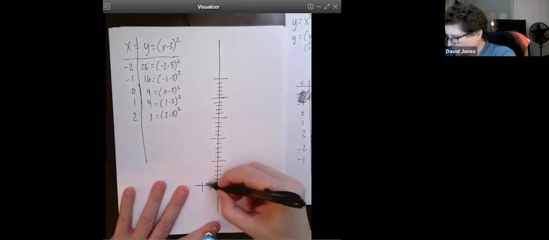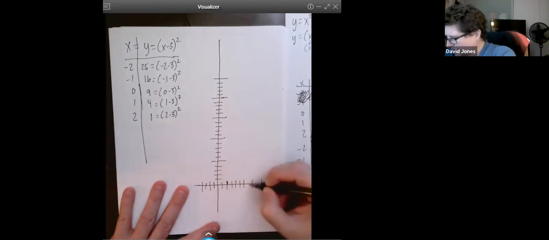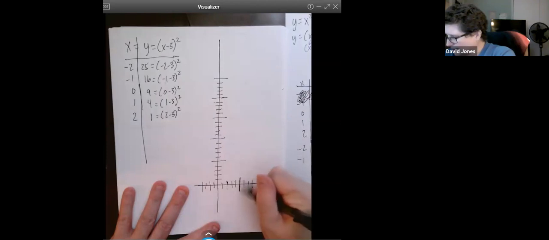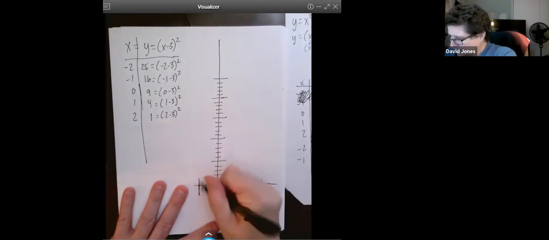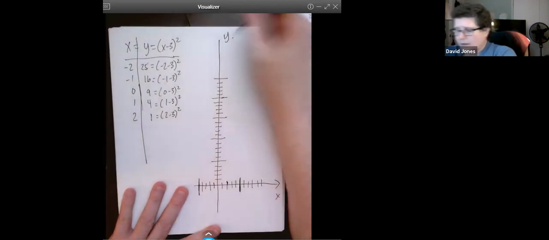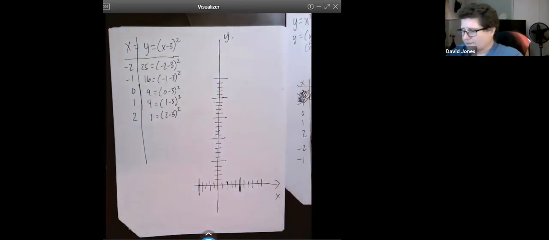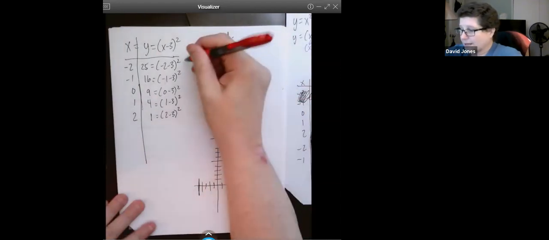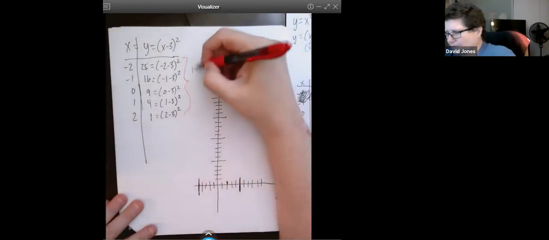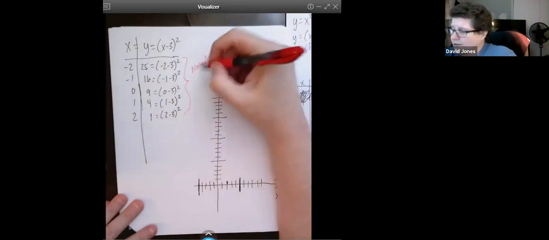Maybe I should make these a little bit narrower. The x and y look like the same scale. 1, 2, 3, 4, 5. And that's -5. So if I just do these 5, I'm going to do these 5 in red. These are the ones we started with, our normal 5 x's for y equals x squared.